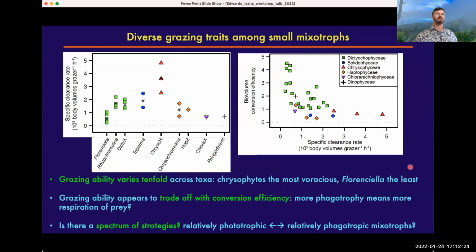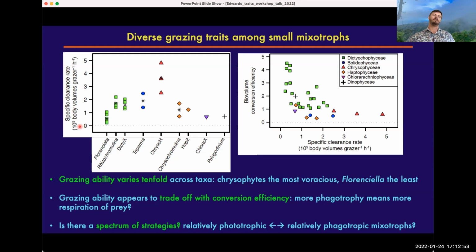One of the things we're interested in is how good of grazers they are. We did experiments where we fed them Prochlorococcus, and what I'm plotting here is the specific clearance rate, so that's clearance rate normalized to body volume. Relative to your body size, how good are you at clearing prey, in this case Prochlorococcus? It varies a lot across these different taxa.